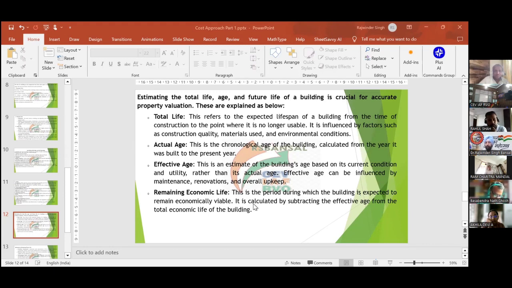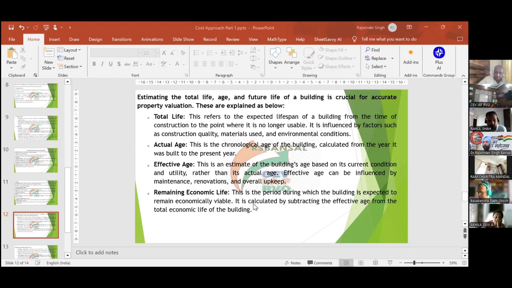This is not the end of the session. We are just concentrating on this. And then effective age. Effective age will depend upon whether the building is in very good condition, if the maintenance is very good, its current condition, its utility.